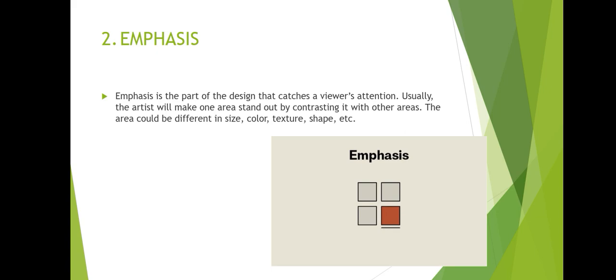They must use emphasis. They need to make that particular object different, like different in color or much bigger, in order to make it attractive to the audience, so they can recognize that this is the object the artist wants to emphasize.